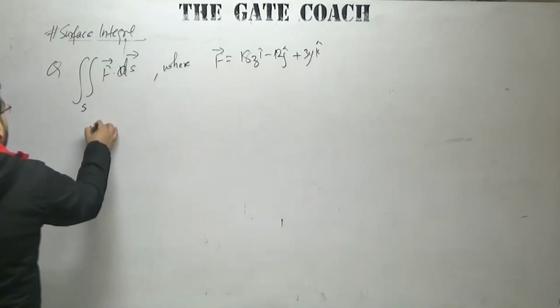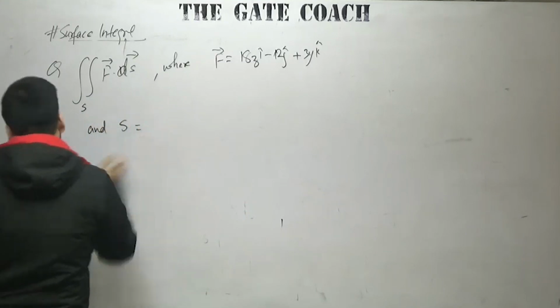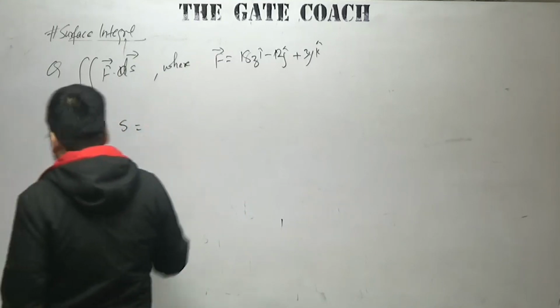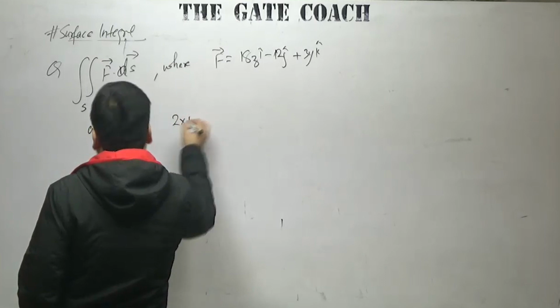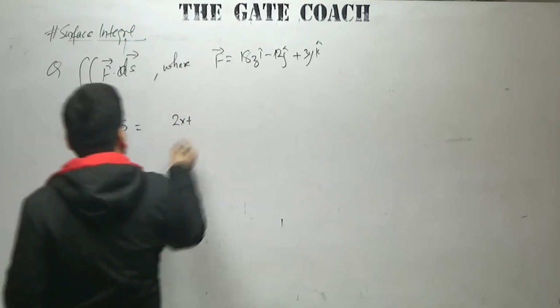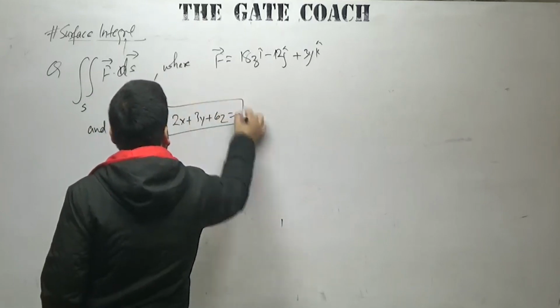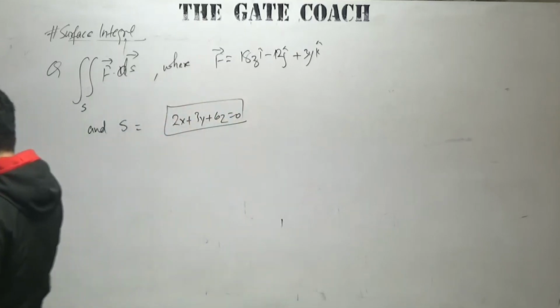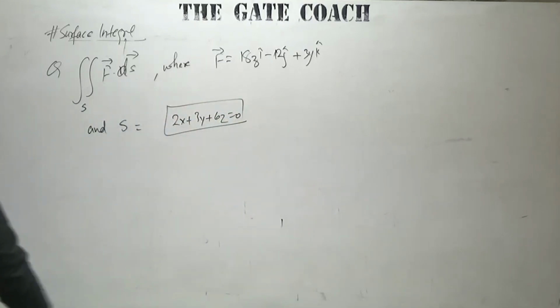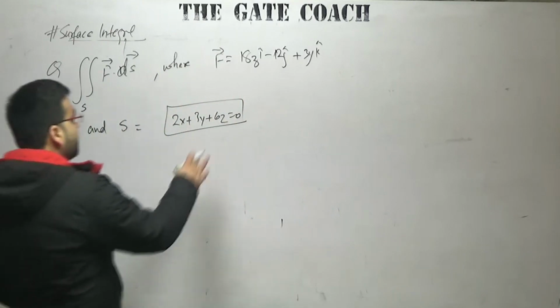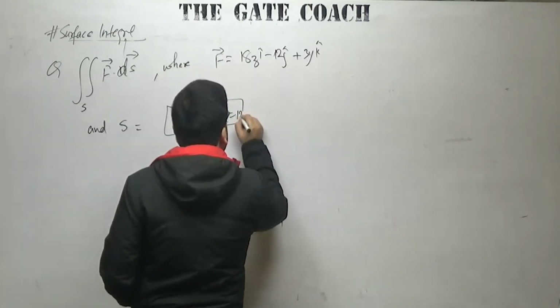And along what surface? Along this surface S: 2x plus 3y plus 6z is equal to 12, not 0, sorry, it is equal to 12.